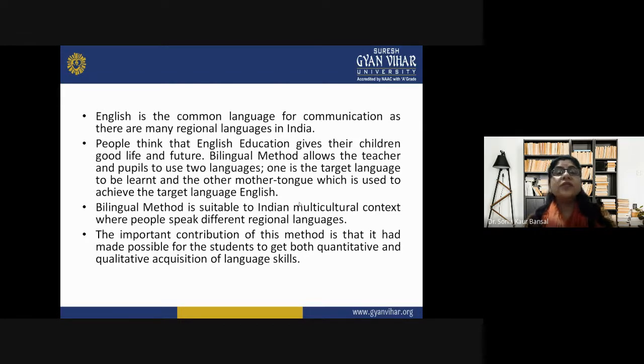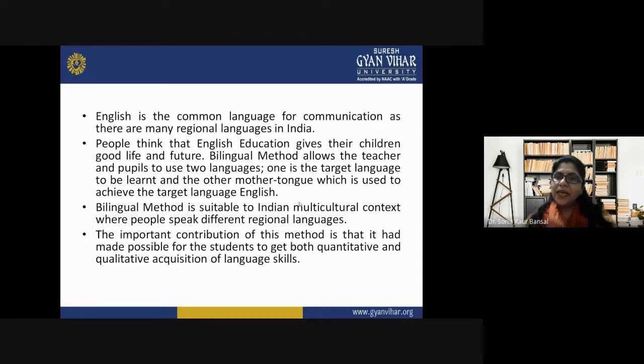So we all know that this is a significant language in today's era. Now, this is the time when the bilingual method allows the teacher and pupils to use two languages together. Bilingual. There may be trilingual also, but basically we are learning today about bilingual. So the bilingual method allows the teacher and pupils to use two languages altogether.